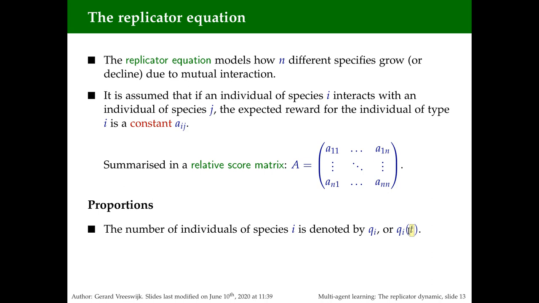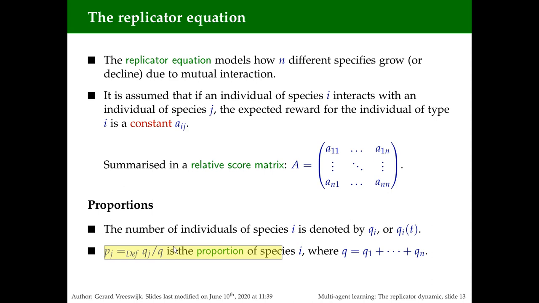So if it is discrete, you speak of rounds. And then you're not really interested in the number of individuals. You abstract from that, and you are interested in the proportions of species i. And this is just the Q_i normalized. So the P_i are proportionally related to the Q_i in such a manner that they add up to 1.